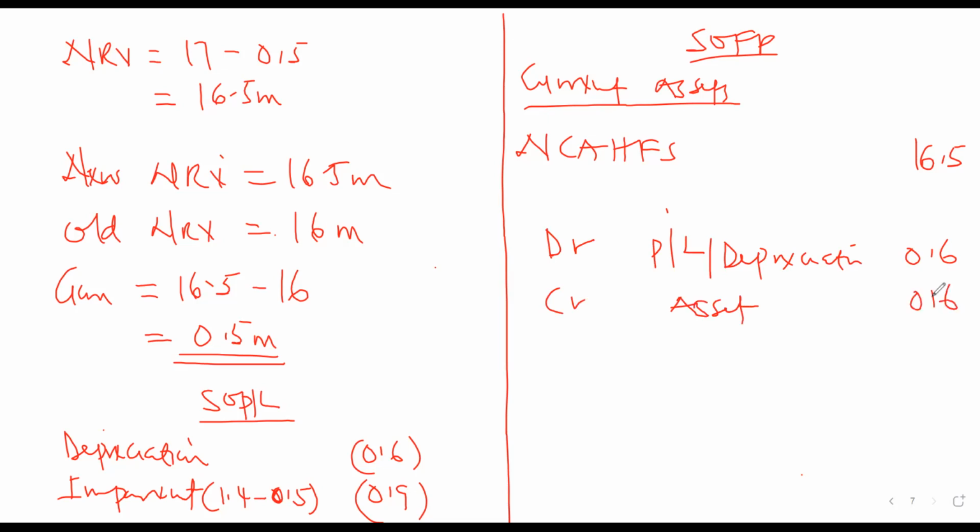Okay. Then if you come to the impairment issue, you just say debit profit or loss with the 1.4 first. Then you also credit the carrying value of the asset, which will be 1.4. Then you still say that we should debit the value of the asset with the reversal, which is 0.5.